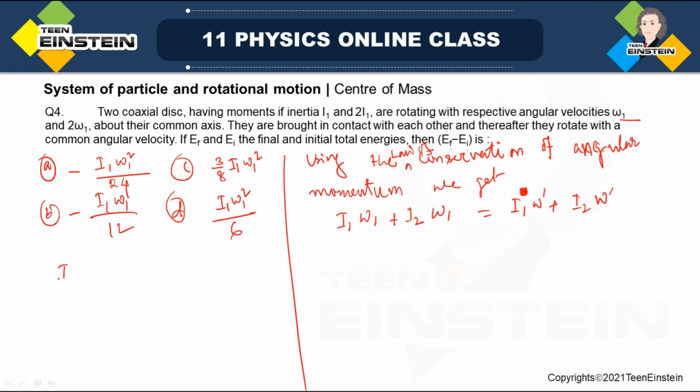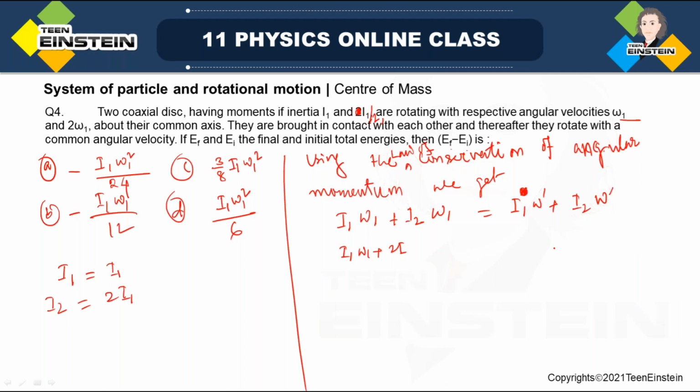And see what omega 1 is. Let us take I1 as I1 itself and I2 as I1 by 2.